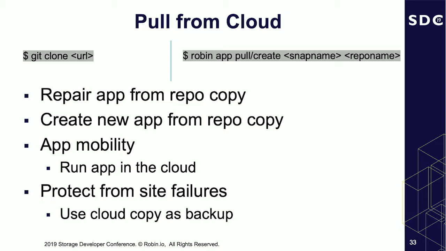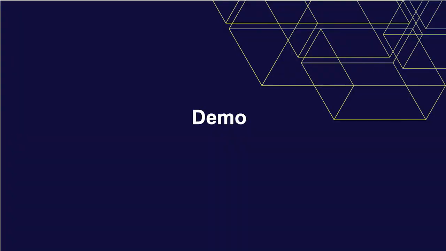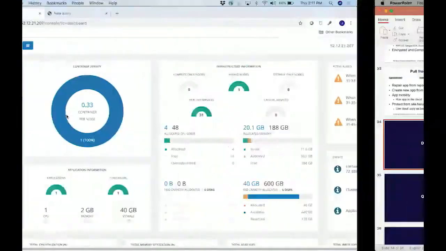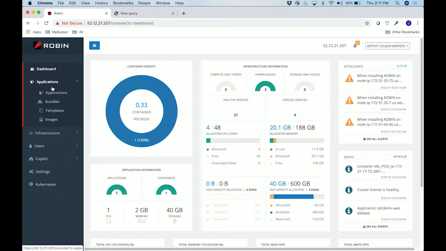So let's see how we do this in our product, just to give a flavor of how we do this. So this is how it looks, and we have all applications right now, and let's see if the network is... Hi.